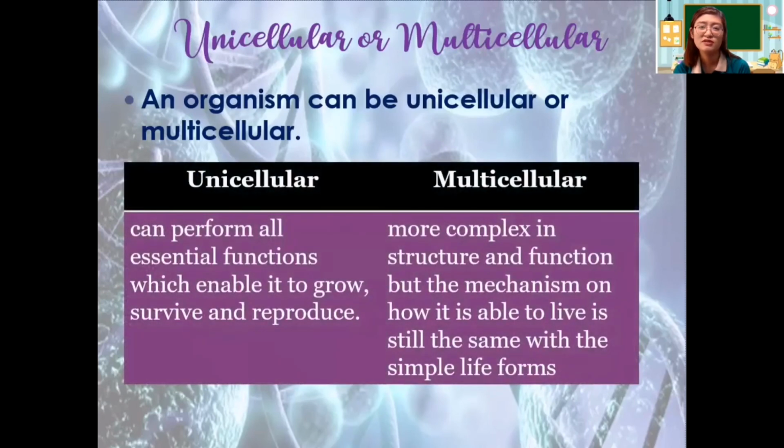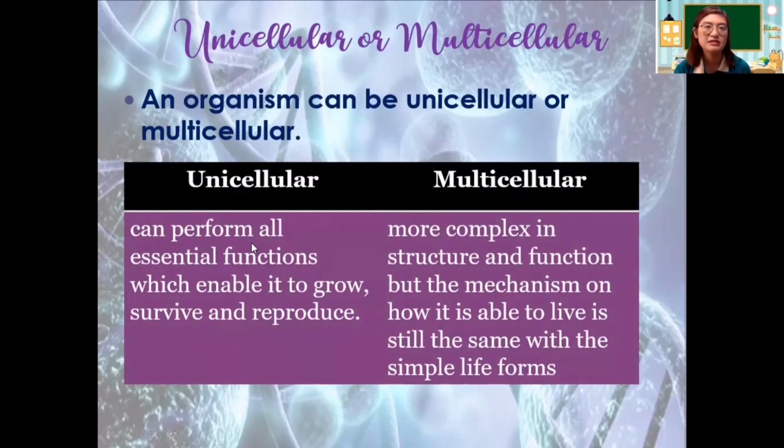So unicellular or multicellular, what's the difference? From the term uni, 1 cell. Multicellular means more complex, many cells. So an organism can be unicellular, such as bacteria, or multicellular, just like us, plants, animals, including us humans. Unicellular organisms can perform all essential functions which enable them to grow, survive, and reproduce.